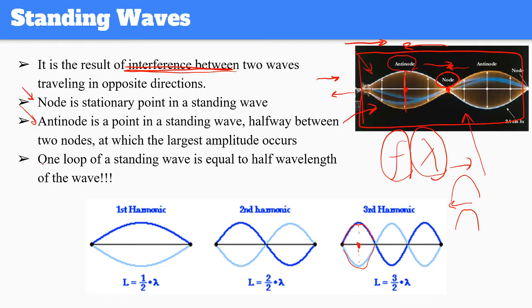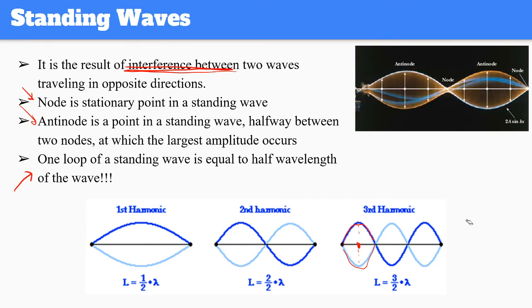Another very important thing: by looking at the standing waves, we can actually measure the wavelength of the standing waves. So how does that work? For example, one complete wave is going to move as follows. Alright, this is one repeating pattern of a wave.